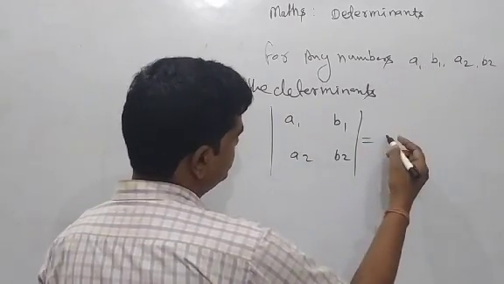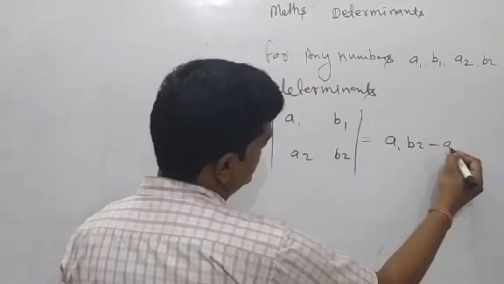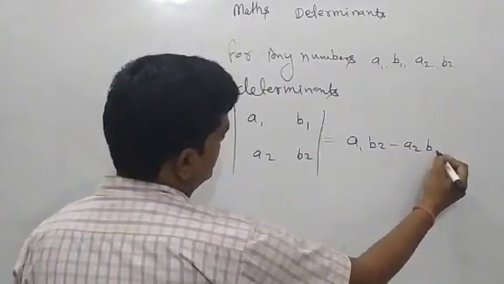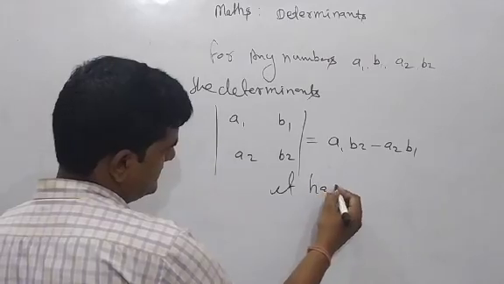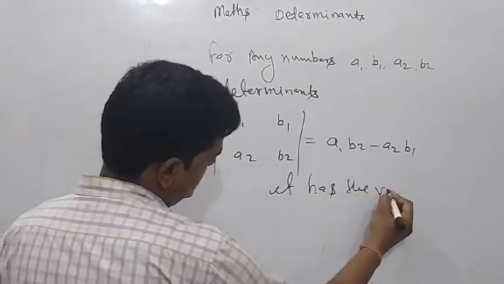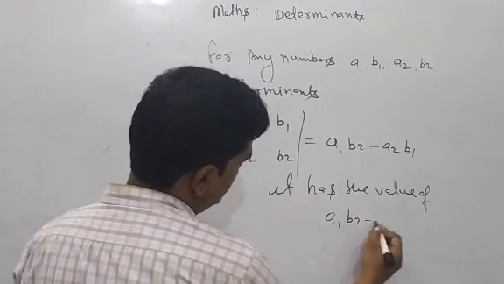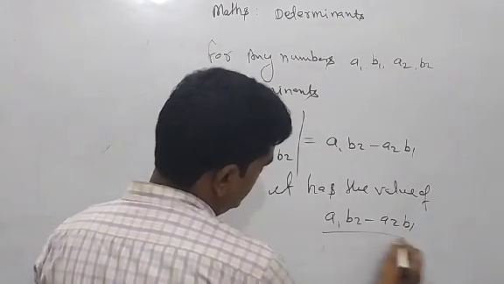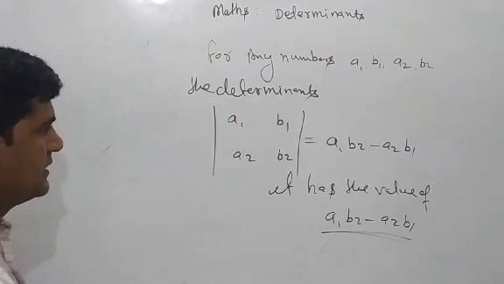It is equal to A1 B2 minus A2 B1. Clear? As you know, I have already told you this before.